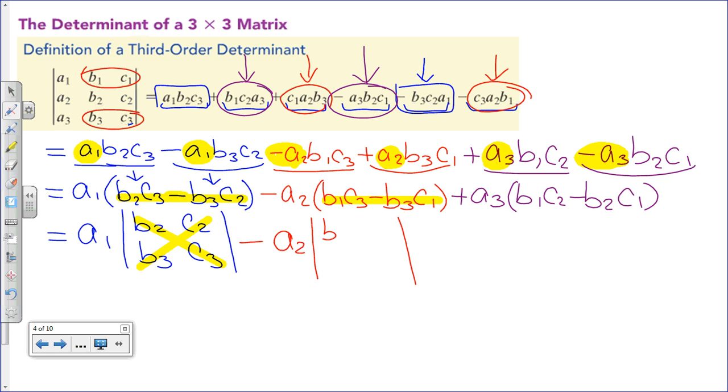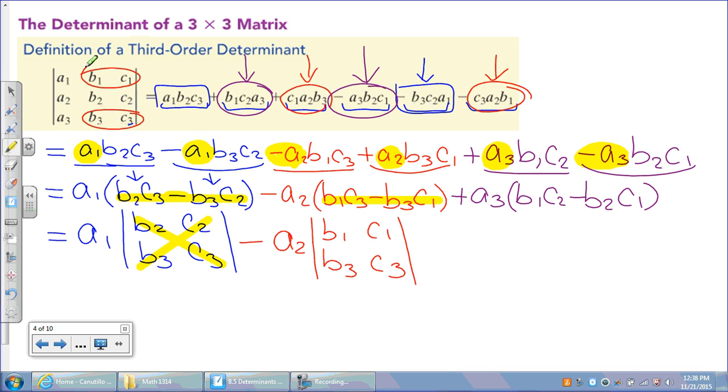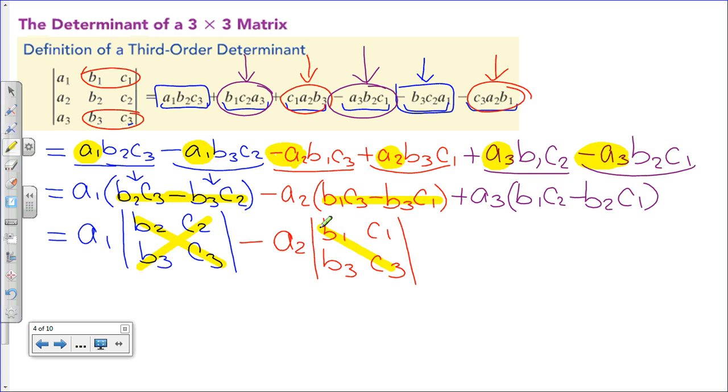So it will be B sub 1, B sub 3, C sub 1, and C sub 3. And just to confirm, remember, the determinant of a 2 by 2 is obtained by multiplying those two terms. So that's what we have here, minus this product, and that's what we have here.